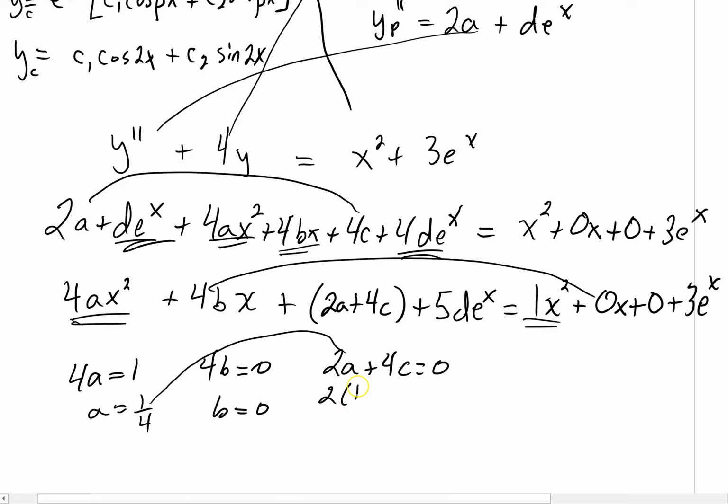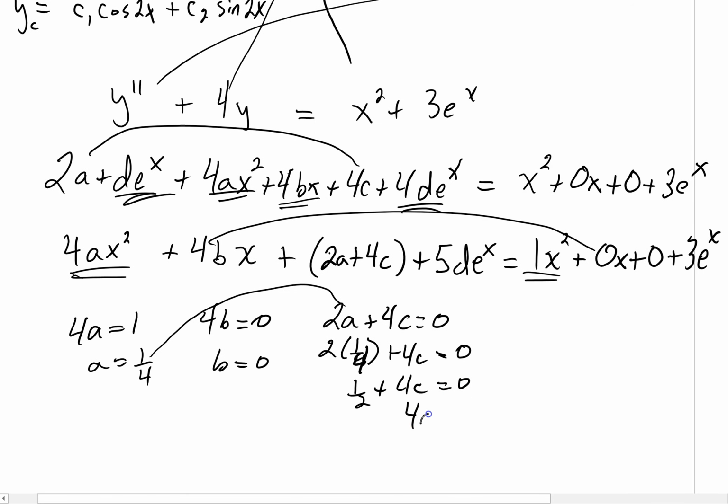So 2 times 1/4 will become 1/2. And we can subtract a 1/2, multiply by 1/4, and we'll get negative 1/8. And then finally, we can say, well, 5d will have to equal a 3, so d will equal 3/5.